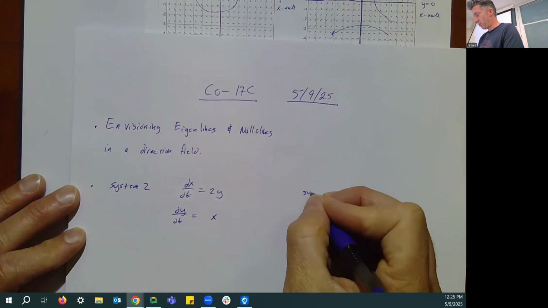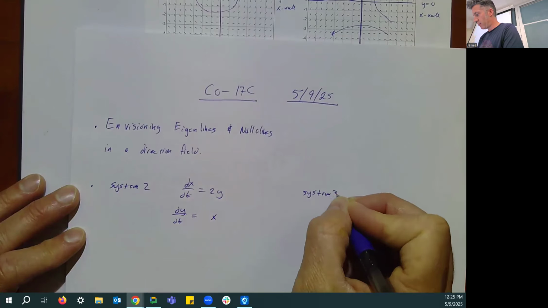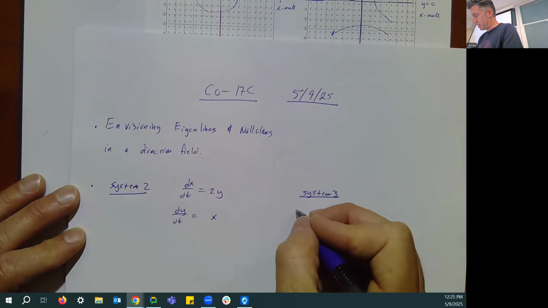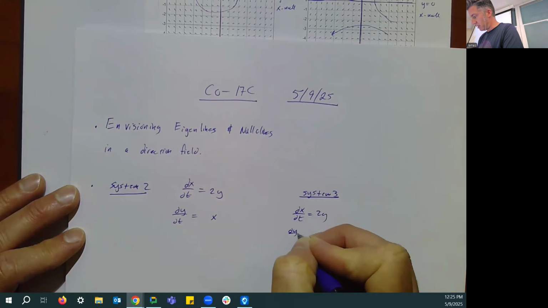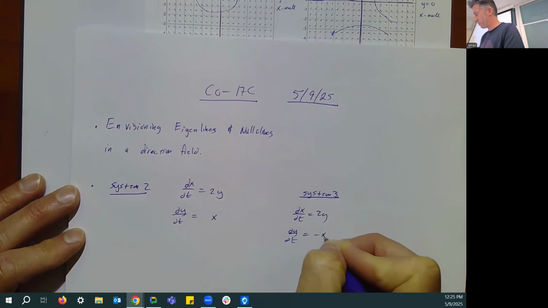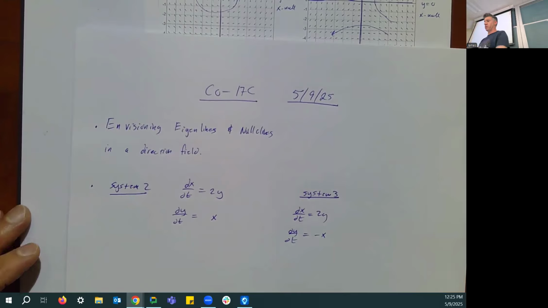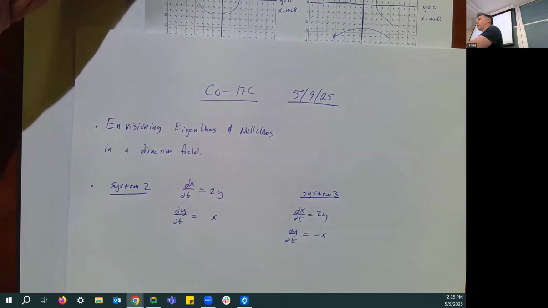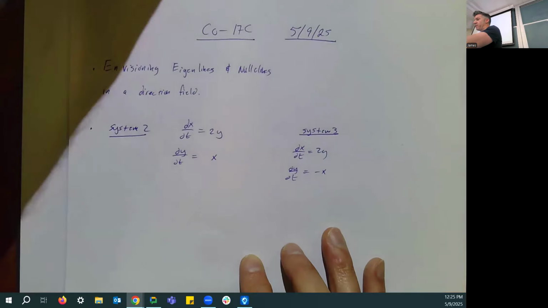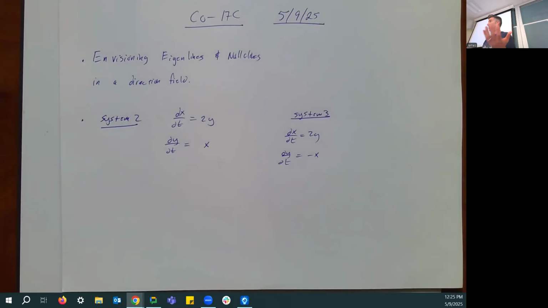And system 3 was dx dt equal to 2y and dy dt equal to negative x. So very similar even in their equations, but definitely have very different graphs. Kind of interesting how they can have the same null lines, very similar equations, but the graphs are very different, or I should say the direction fields.